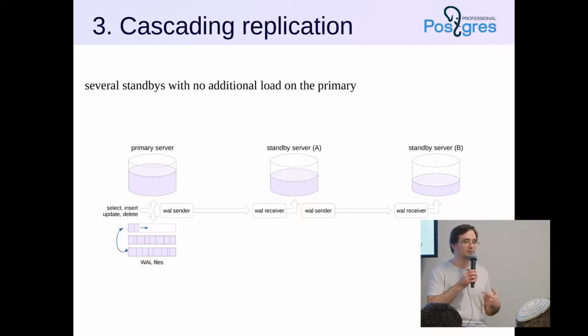So you can set up cascading replication in which the primary server sends WAL records to one standby, and this standby again sends WAL records to another standby, and so on.